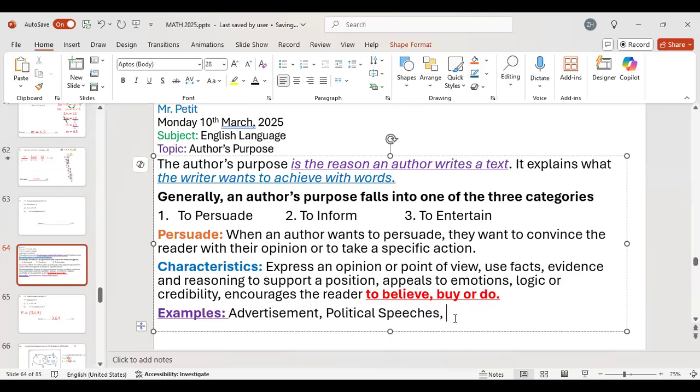Very good. Then you have argumentative essays. The goal is to persuade, right? Do you agree that teenagers at the age of 16 should have a driver's license? Do you agree or disagree that schools should not have uniforms anymore?